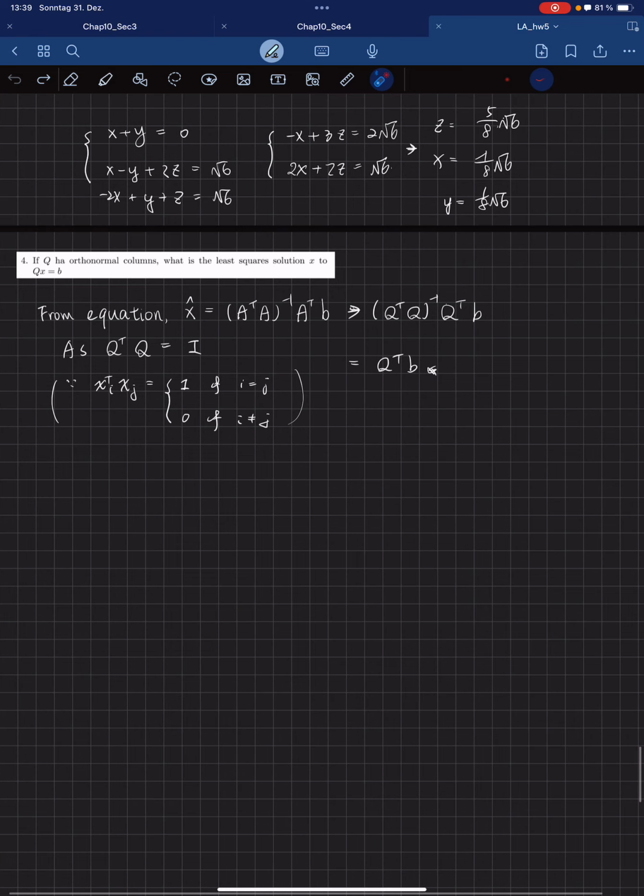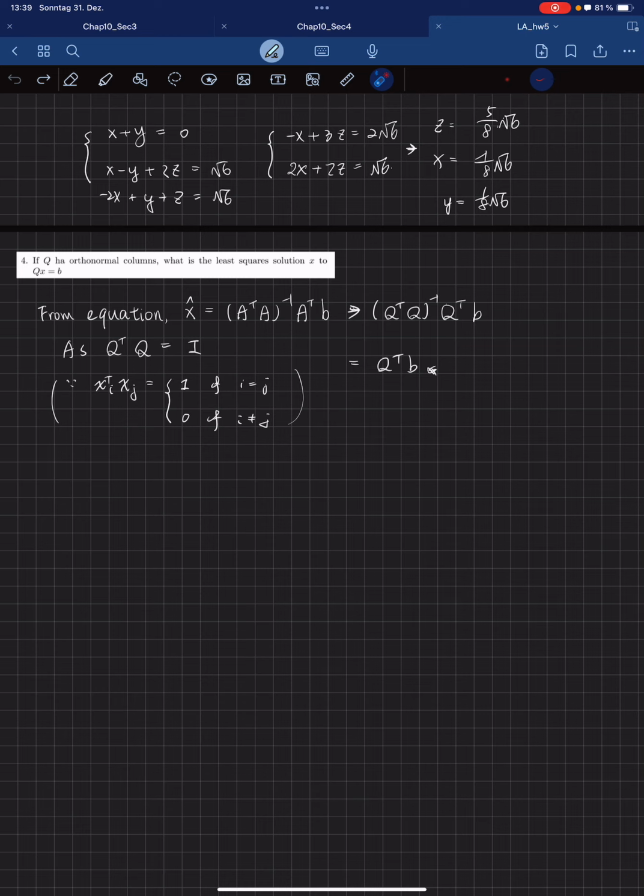So what is useful about our big Q is that it's very useful when we want to calculate our least square solution. Because we don't have to compute all these ugly inverses if we have Q, it's just an identity matrix.